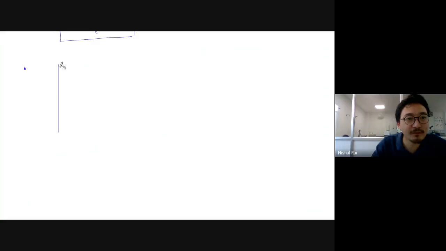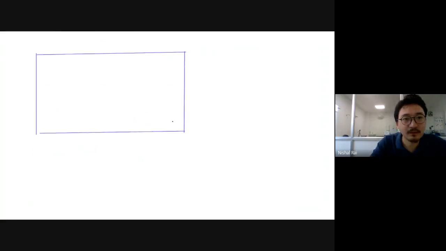Now you have two boxes. Clear? You have a box which has a compartment exactly at the center. Let's say the number of particles over here is N1, V1, and the pressure is P1.